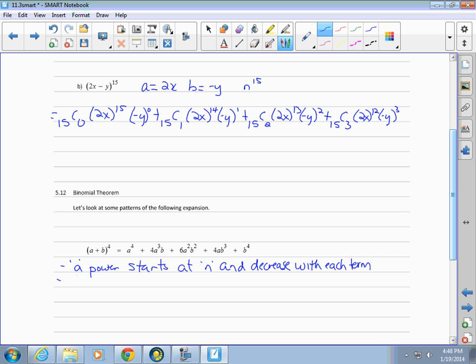We notice that the b power starts at 0 and increases with each term.